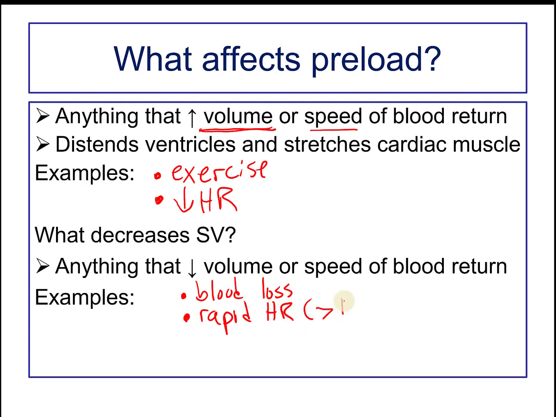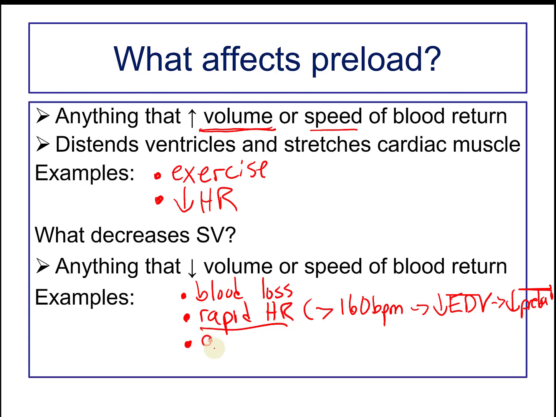We're talking about greater than 160 beats per minute. So this is going to decrease your end diastolic volume, decrease the amount of blood remaining in the heart, and it's also going to decrease your preload. Okay, so there are people that have chronic rapid heart rate.